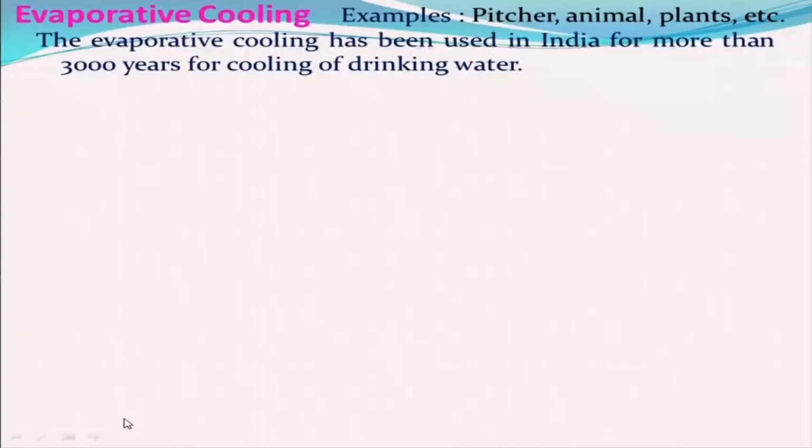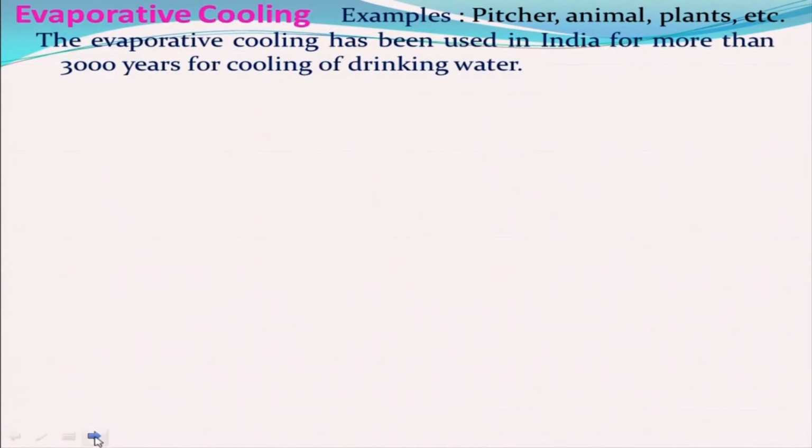That is why we sweat, and then that will be evaporated and our body will maintain its temperature. As I told, evaporative cooling is known to us for more than 3000 years, used for cooling of drinking water, right.